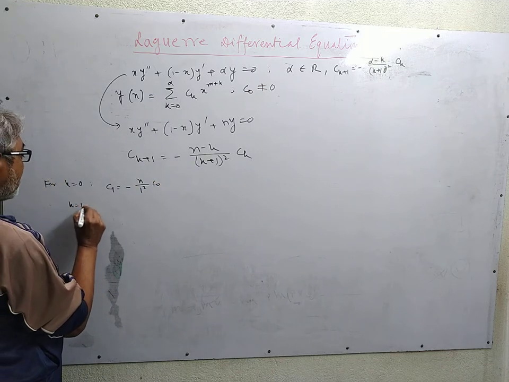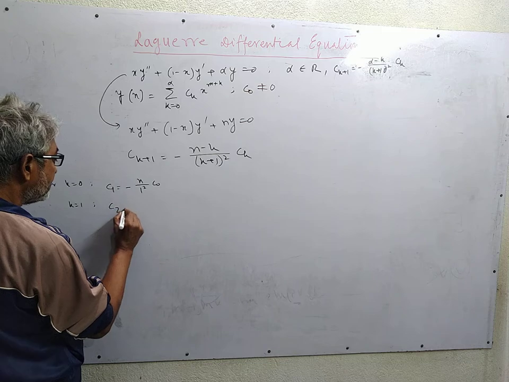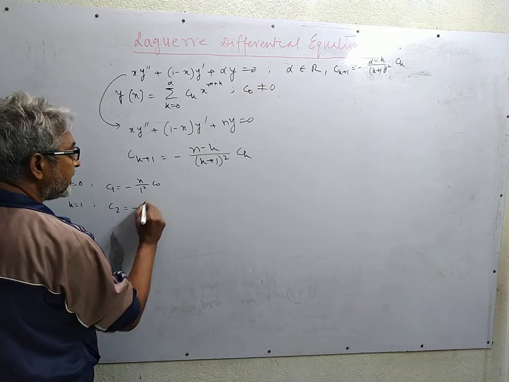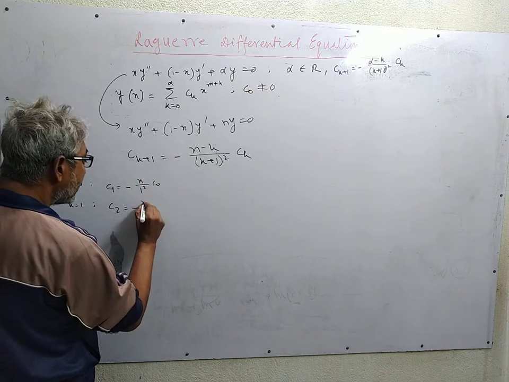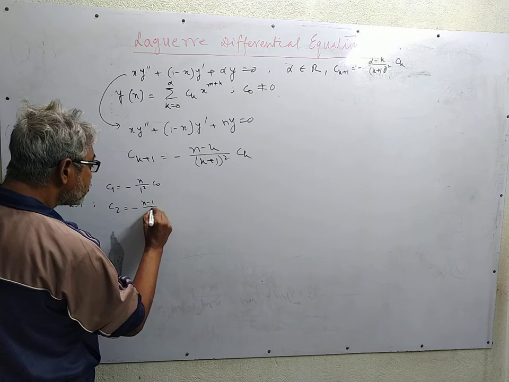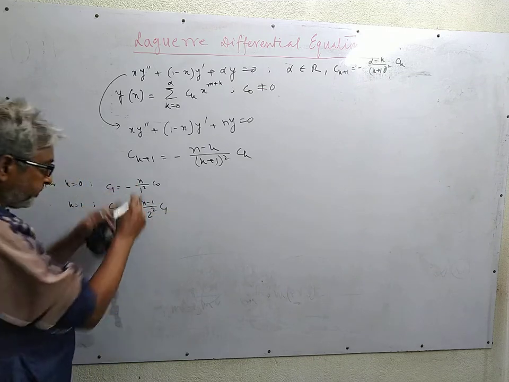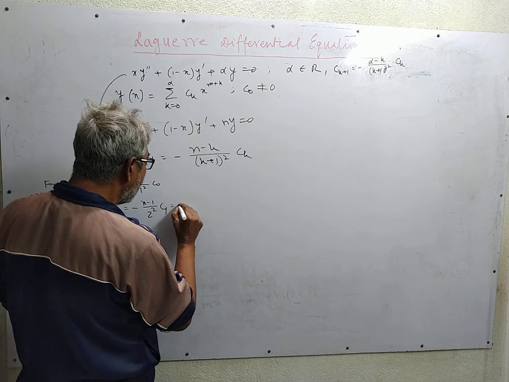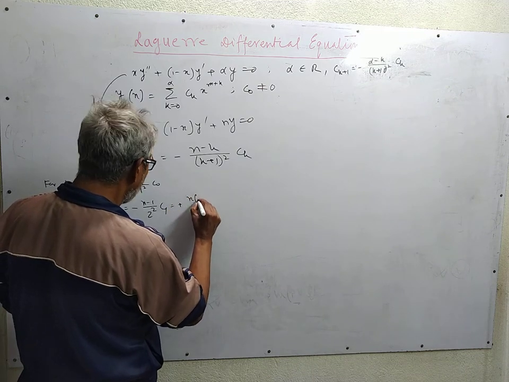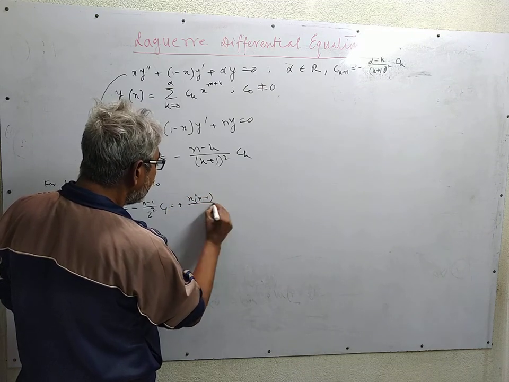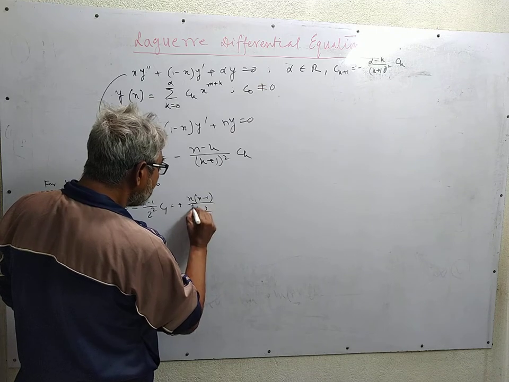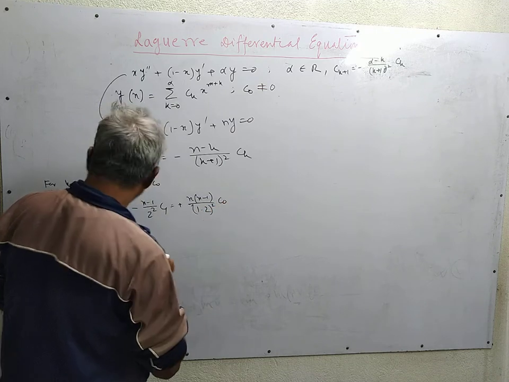For k equal to 1, we get c2 equal to minus (n minus 1) over 2 square c1. If we plug in the value of c1, this becomes n into (n minus 1) over (1 into 2) square c0.